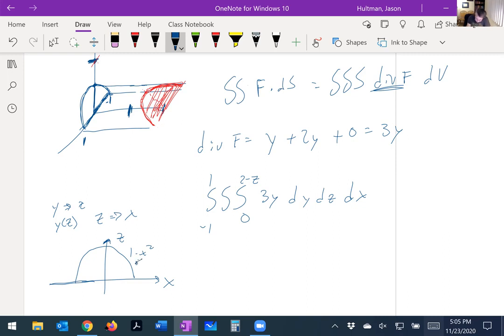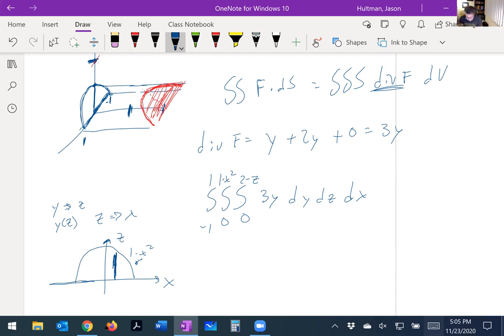That's that guy. So this thing goes from 0 to 1 minus x squared, and y goes out further. Yeah, makes sense. So y goes from 0 to 1 minus x squared.